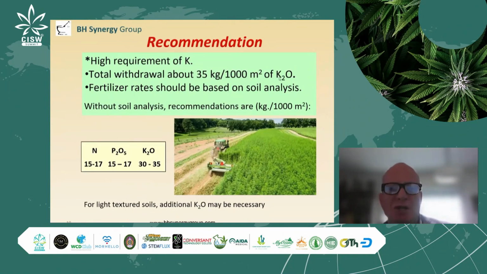Now, after we know some more details about the nutrients, we can give some more recommendations for our fertilizer needs. You see the numbers below. I won't read them out, but you can see nitrogen and phosphorus are more or less the same, and potassium we need double.